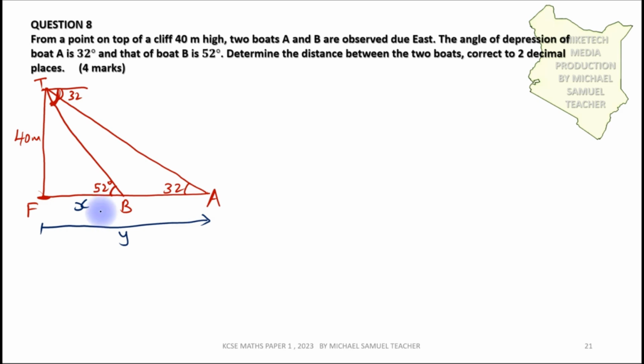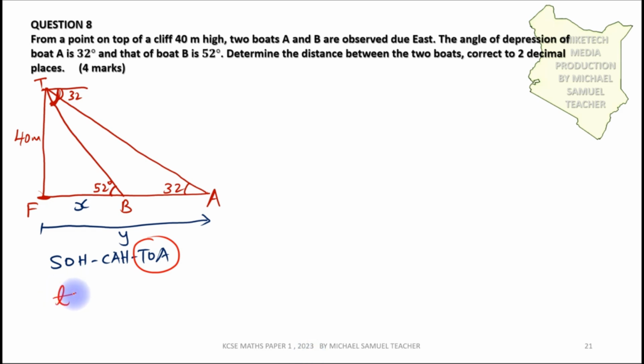Therefore, using trigonometric ratios, we have SOHCAHTOA. In our case, we know the opposite, and also we have the adjacent, and we have the angle. So we are going to use tangent is opposite over adjacent.